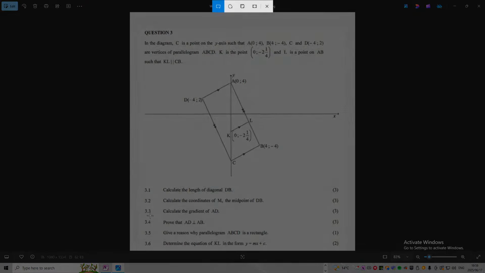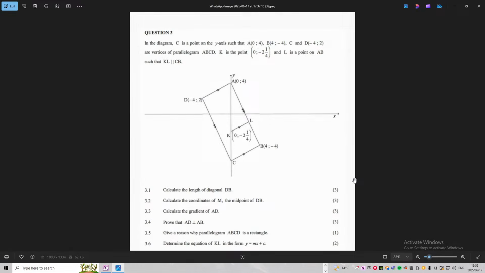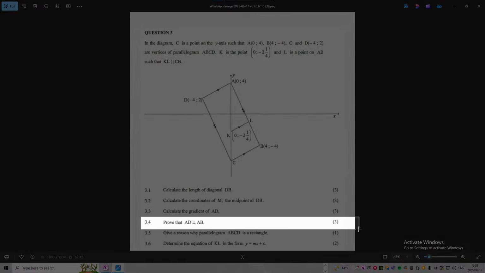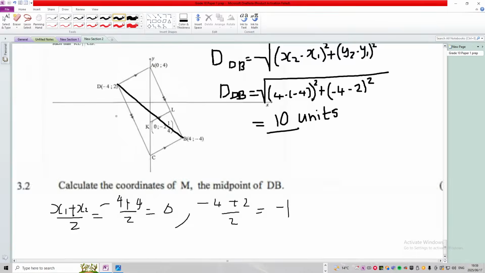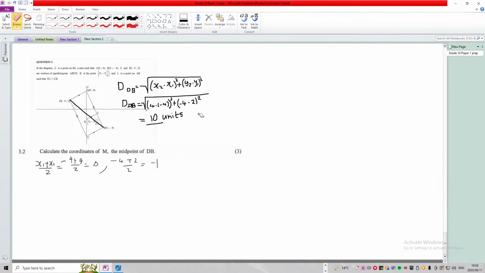Prove that AD is perpendicular to AB. How do we prove perpendicular? Let me not skip everything and assume everybody knows everything, because we know that's not the case. This next question.